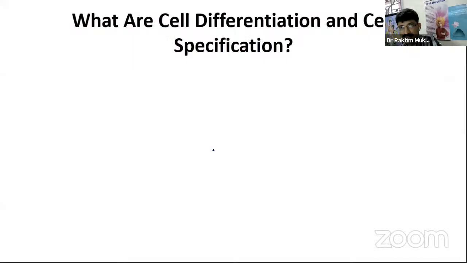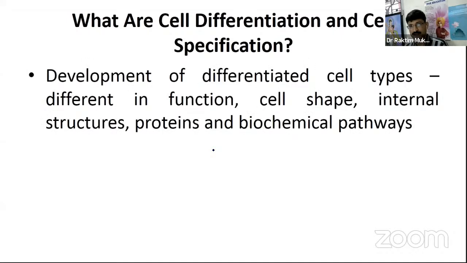What are cell differentiation and cell specification? Some of the questions are asked based on this. Maybe we'll go to the last segment. Differentiation is the development of differentiated cell types, different in function, cell shape, internal structures, protein and biochemical pathways.